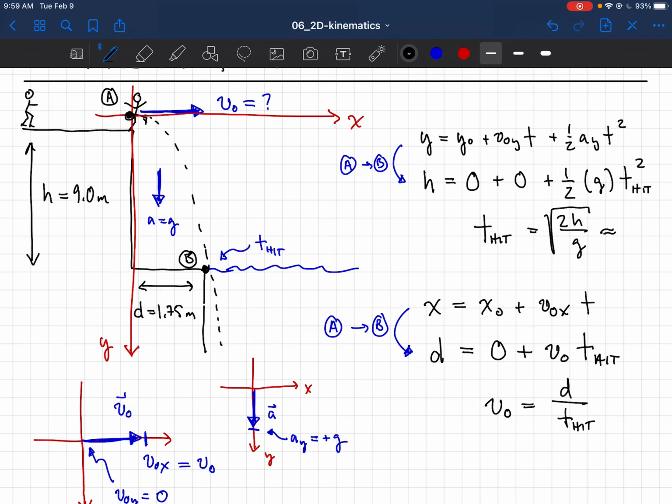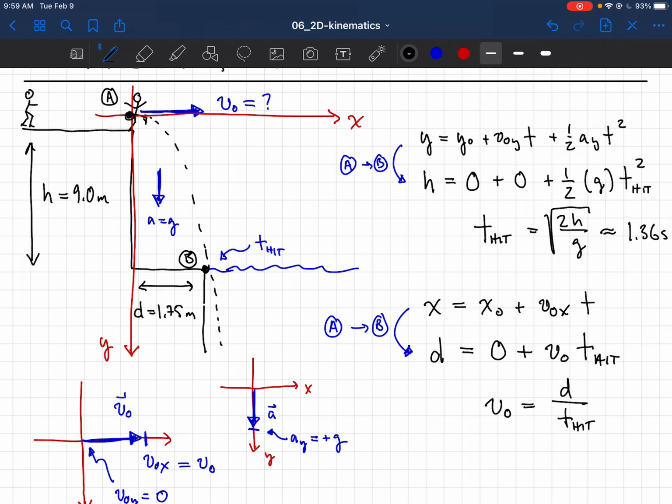Gotta go to my calculator. So we have t hit is equal to the square root of 2 times h, which is 9, divided by g, which is 9.8, and that will be 1.36 seconds, approximately. And then if you plug that into the next equation, we have v0 equal to d over t hit.